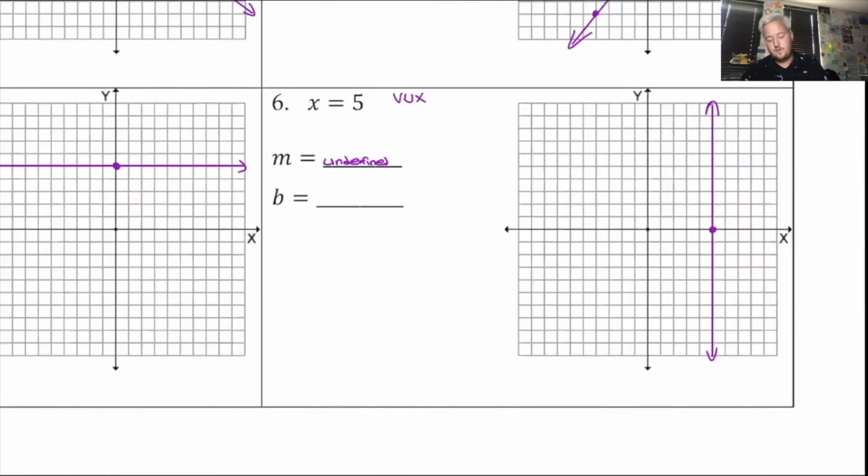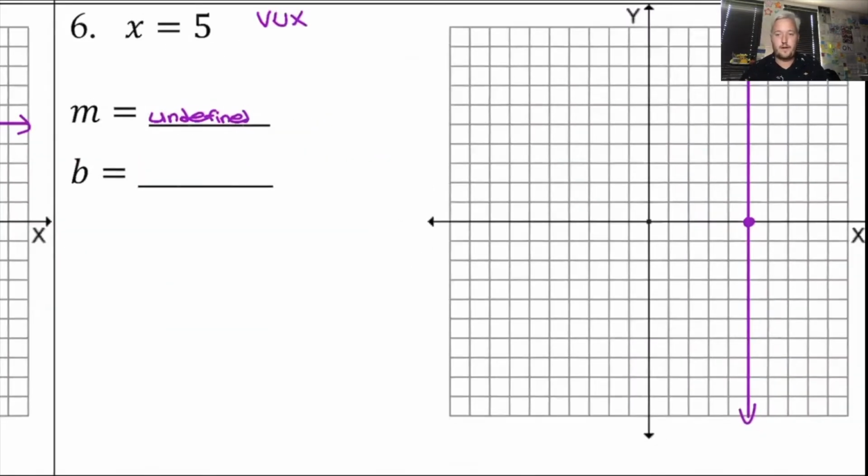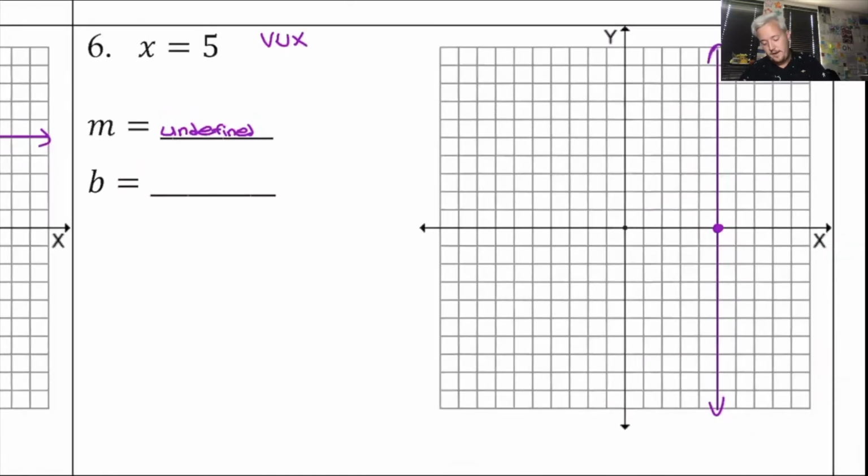Now look at this last question over here. We're looking for the y-intercept. But if you notice, our y-axis is way over here. Can you straighten? That'd be great. Thank you. If you notice our y-axis over here, it never crosses.